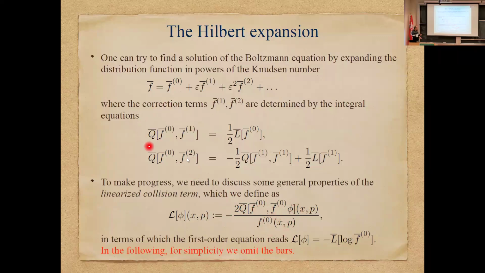Okay, then we can rewrite this first order equation in this way. So there's this linear operator that acts on phi, and this is a source term. And now to simplify what comes next, I'm just going to drop the overbars to make it look nicer.